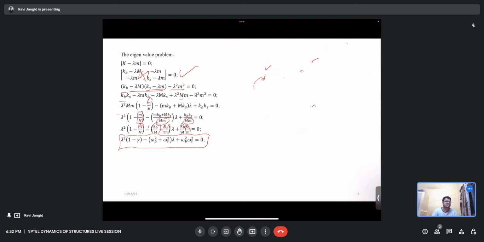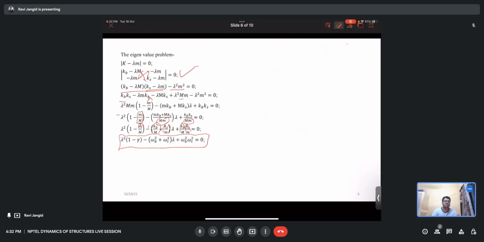If I have an equation like ax square plus bx plus c, then my roots are x equal to minus b plus minus under root b square minus 4ac, divided by 2a.